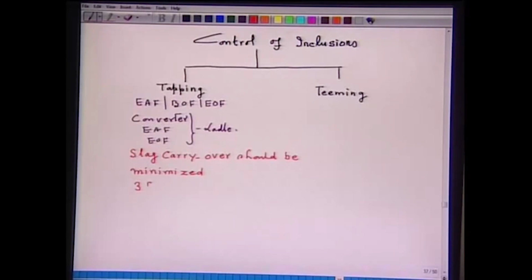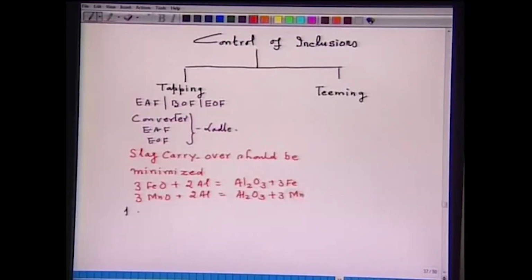Say, for example, if I take the reaction 3 FeO plus 2 Al gives Al2O3 plus 3 Fe, or for that matter 3 MnO plus 2 Al gives Al2O3 plus 3 Mn. Now, in fact, the presence of FeO is more important because FeO is of the order of 16 to 20%. So, this reaction is more important.